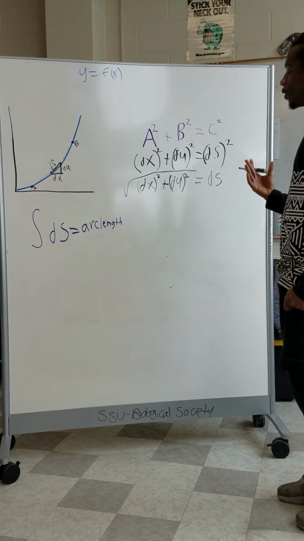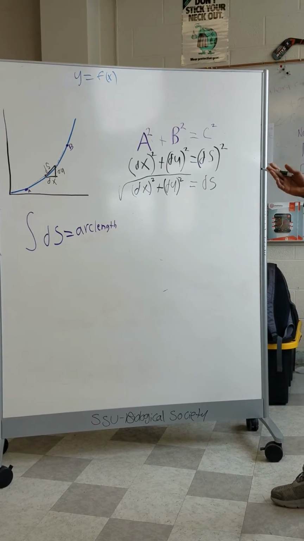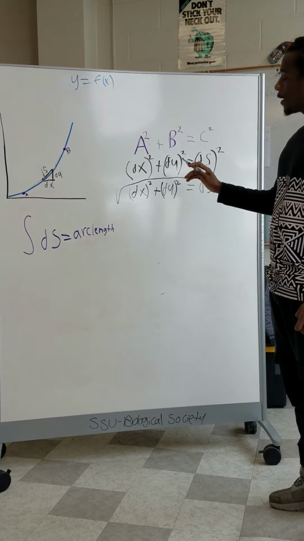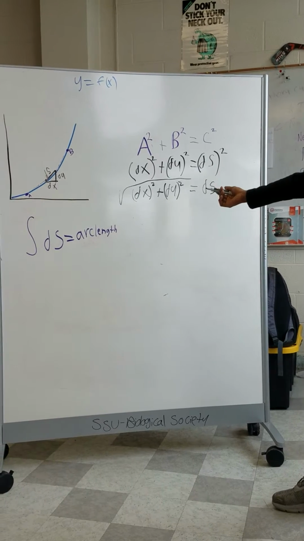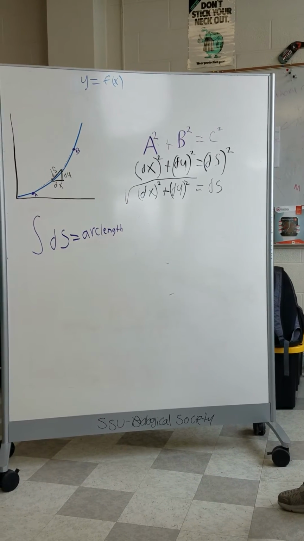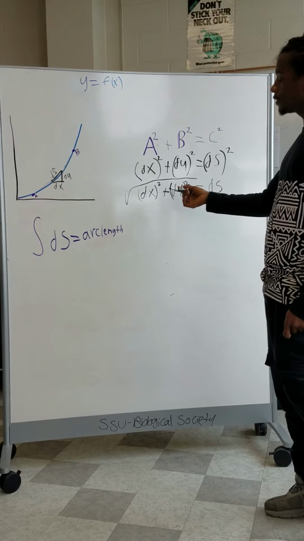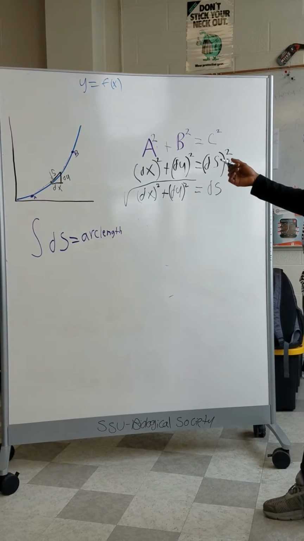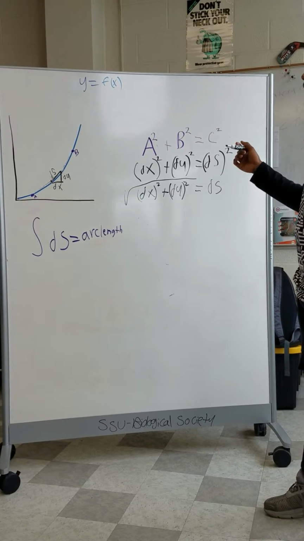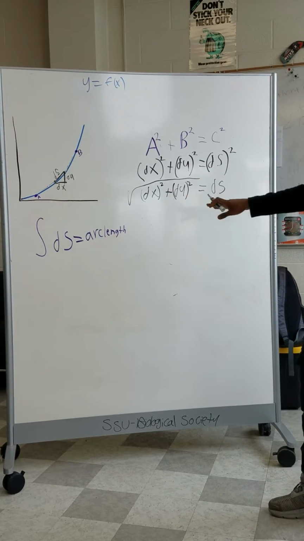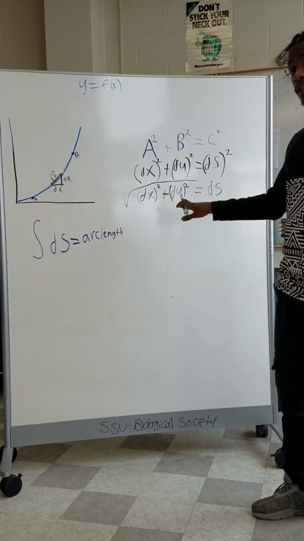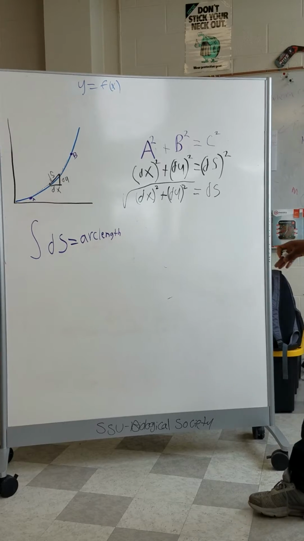Now we're starting to see familiar elements in this equation we have here. And the more familiar elements that we begin to see, the more useful it will be to us. We're not totally there yet, but we're going to get there. I'll show you in a second.